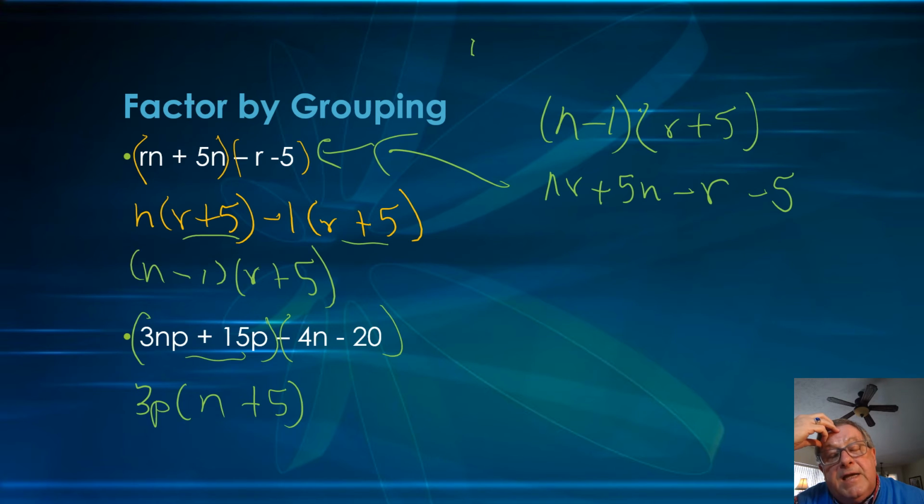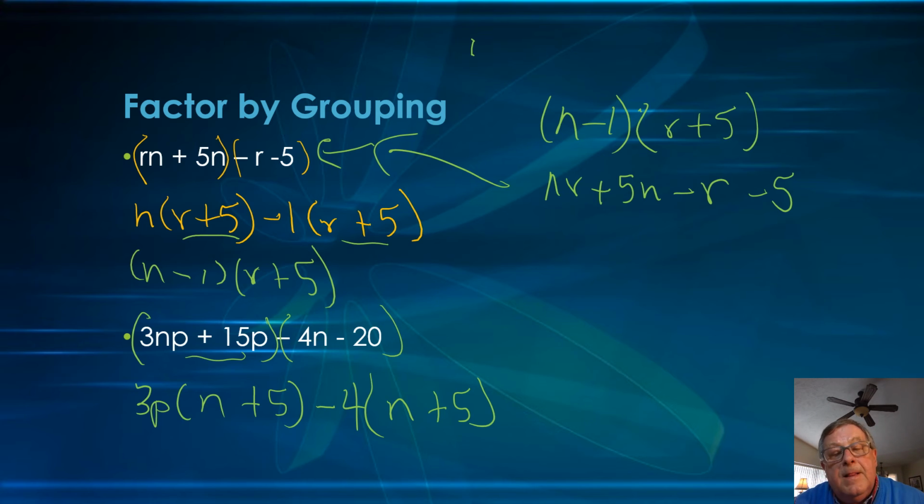And I can see that if I factor out a negative 4 in the second group, then I'm going to be left with n plus 5. And that's what I'm hoping for.